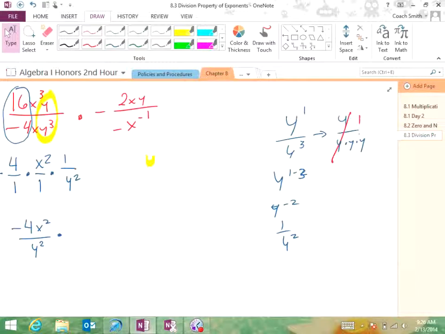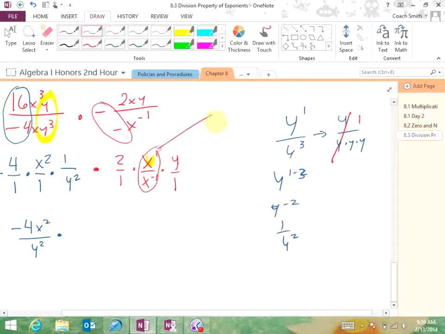Now, over here, this cancels each other out, makes it a positive. So I have times 2 over 1 times x to the first over x to the negative first times y over 1. Well, this right here is x to the 1 minus negative 1 power, which is what?